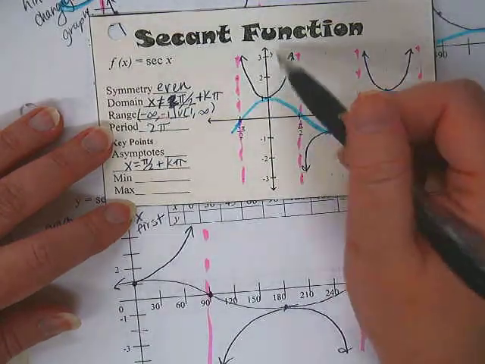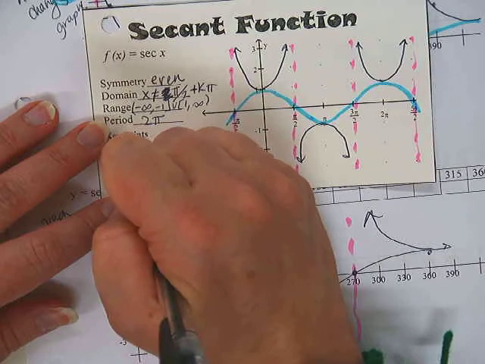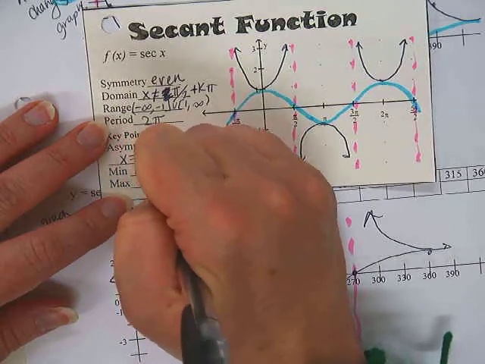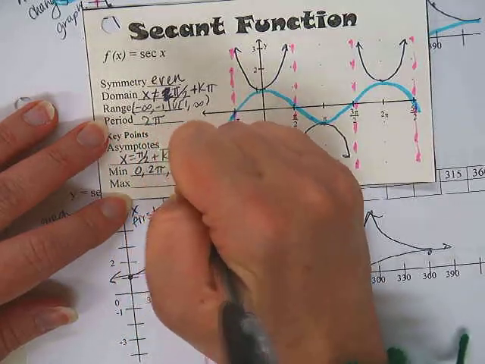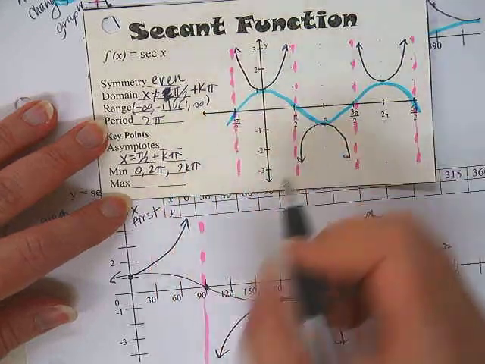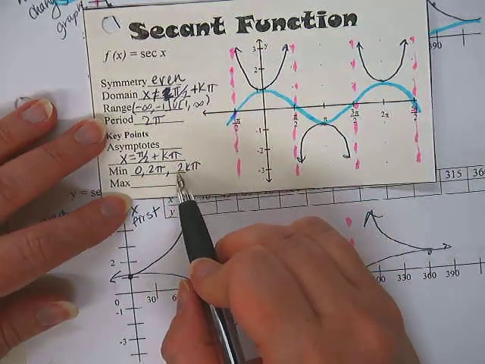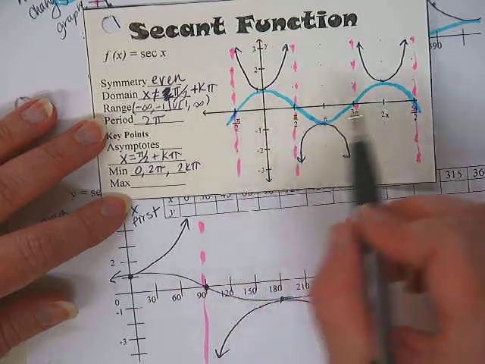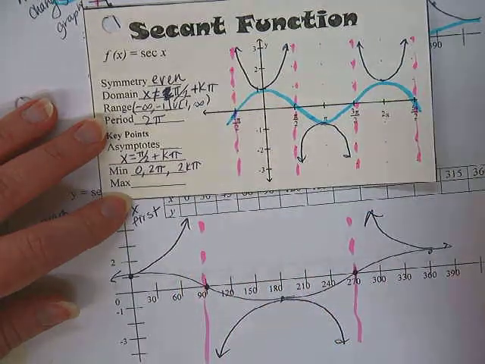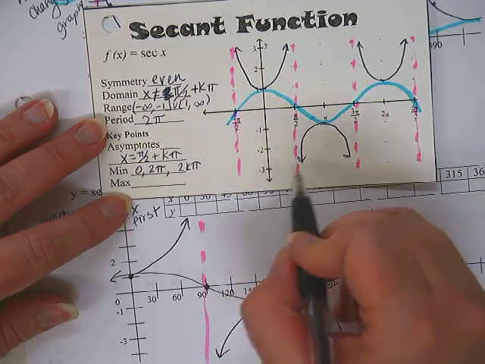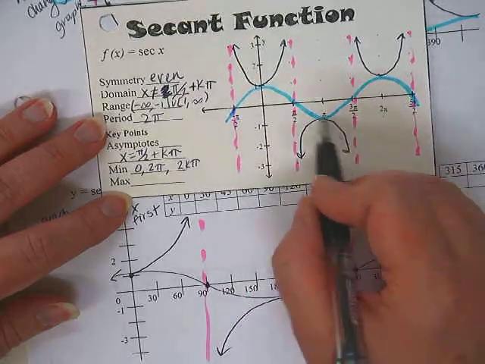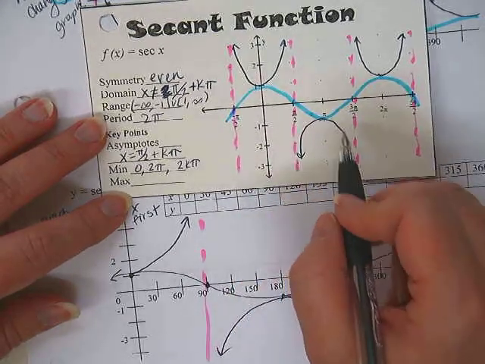Okay, local minimums. Where are the local minimums happening? 0 and 2 pi, so that means it would be values of 2k pi, wouldn't it? Because you'd take your k value, which is just integers, and multiply by 2. So 0, 2 pi, 4 pi, 6 pi, 8 pi.